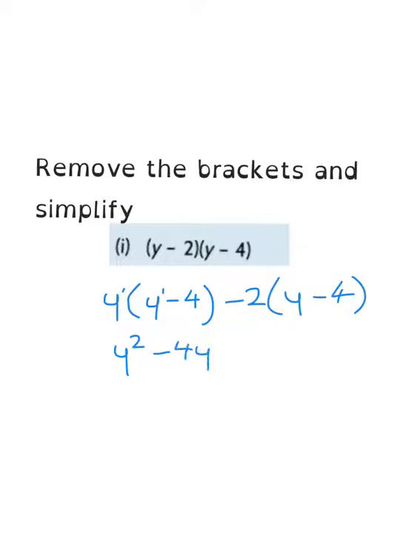Minus 2 by y gives me minus 2y. Minus 2 by minus 4 gives me a plus 8. Remember the rule, minus by minus gives me a plus. Simplifying that equation, y squared minus 4y minus 2y gives me minus 6y, and we just have a plus 8.